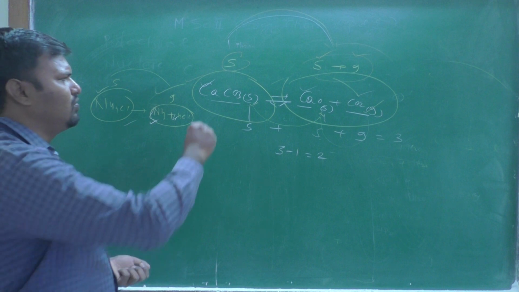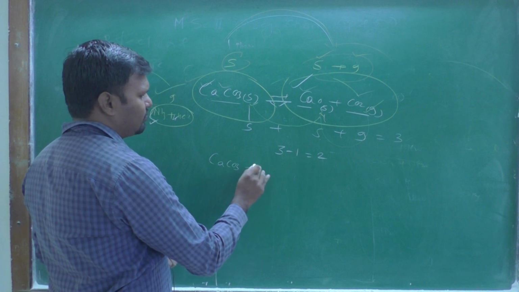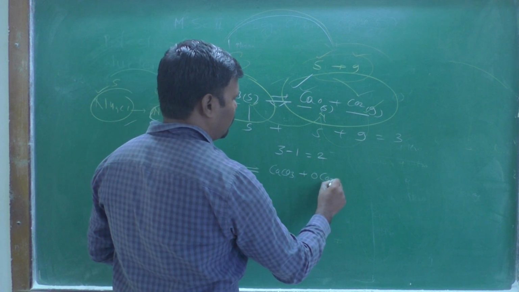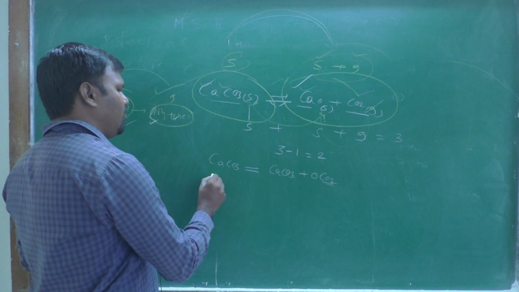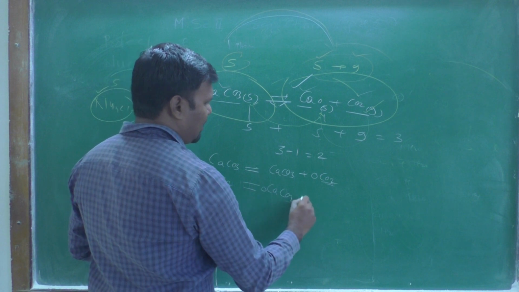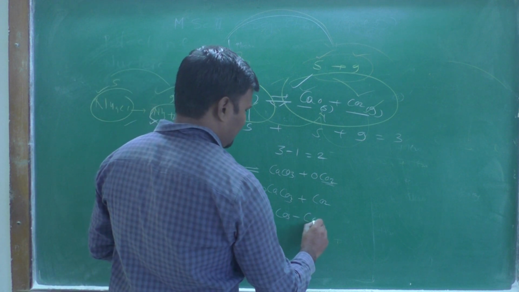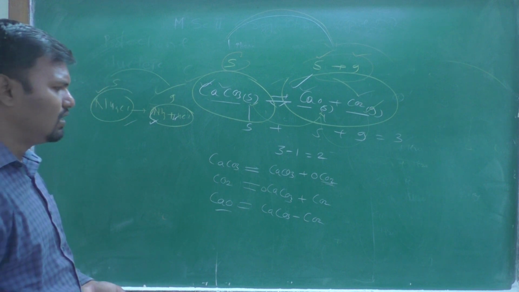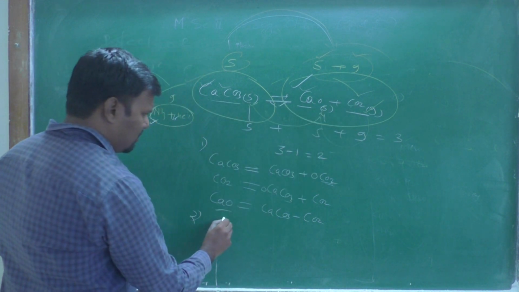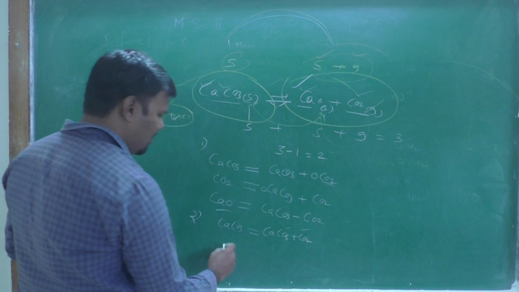How is it a 2 component system? Suppose we take these 2 first, CaCO3 in X quantity and 0 quantity of CO2. When you have to describe CO2, it can be described as CaCO3 in 0 quantity and CO2 in X quantity. If you describe CaO, then from CaCO3 you have to remove the CO2. Then when you consider CaCO3 and CO2, CaCO3 gives CaCO3 and 0 CO2, because one is gas and one is solid.